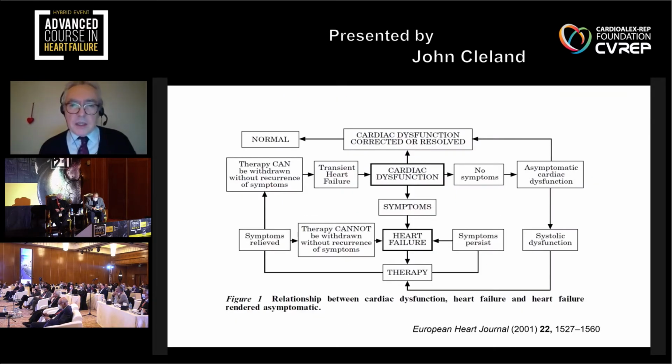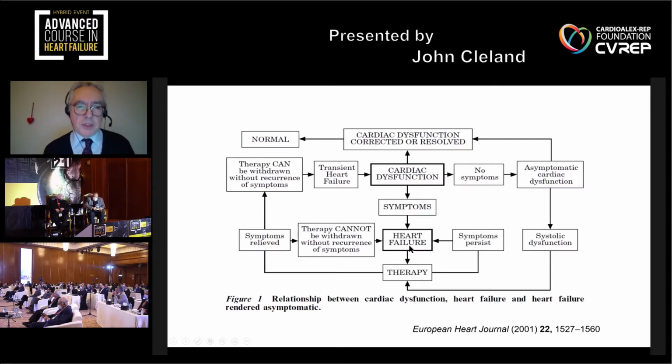So this is an old figure from when I was in the 2001 guideline group, where we attempted to define what heart failure was. And we made the distinction between cardiac dysfunction and heart failure, and we used symptoms as the guiding principle to make that distinction.